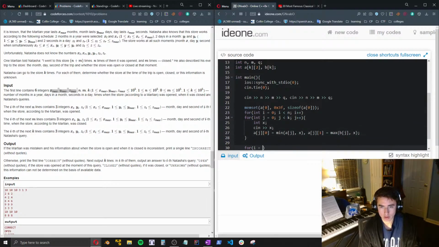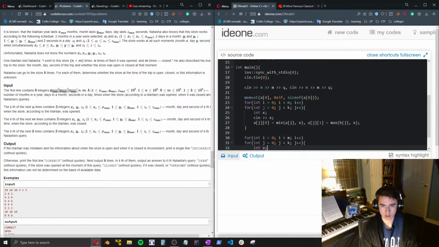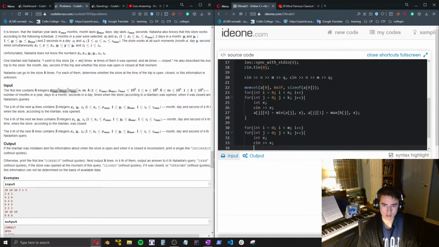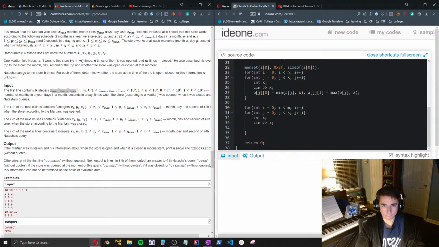Now let's go to the M. Now we need to get the bounding box for the outer. So let's set B of 0.